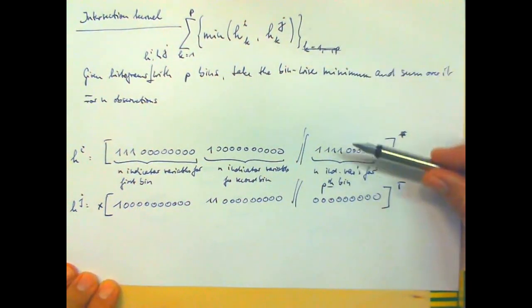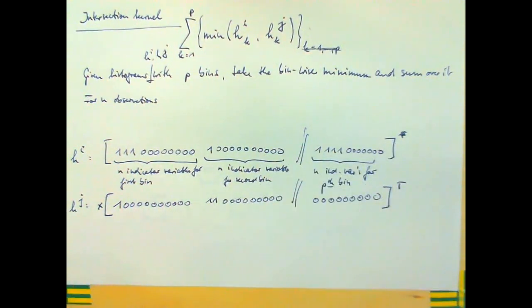And look, this is an inner product in this funny representation, and an inner product will give me a kernel, or the inner product of two vectors gives me something that's positive semi-definite.